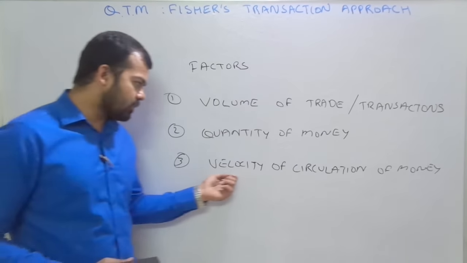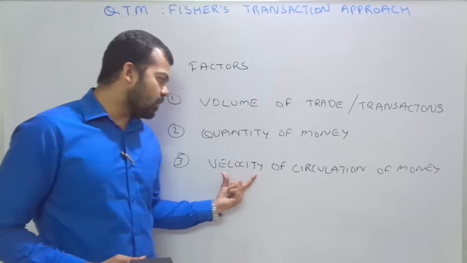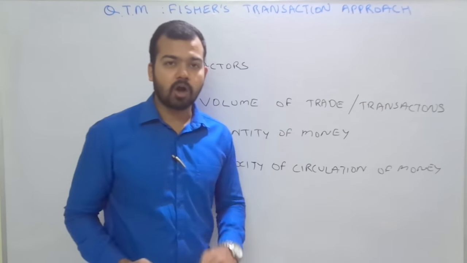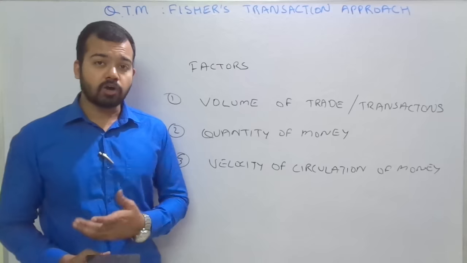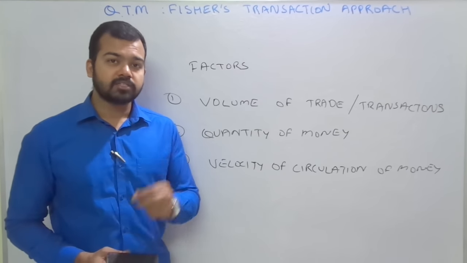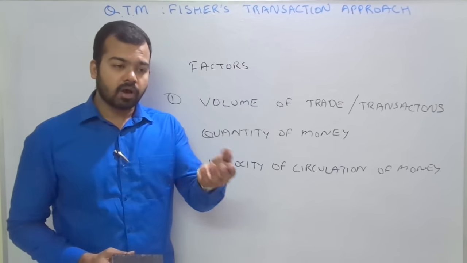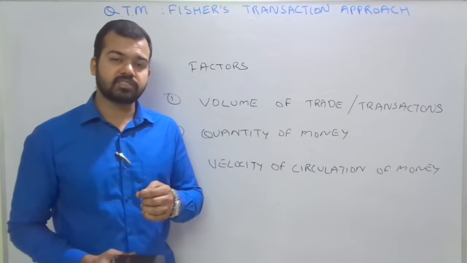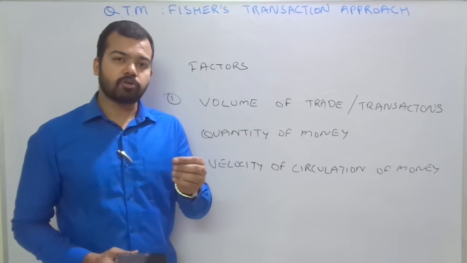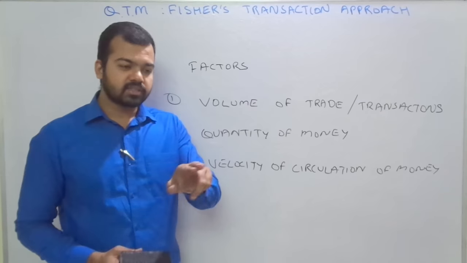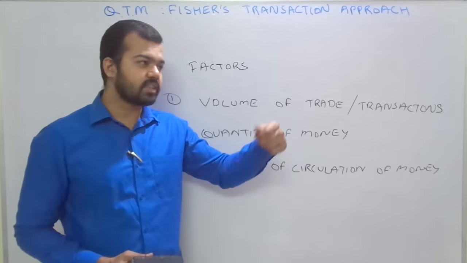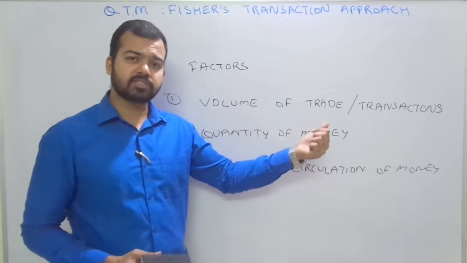The third is the most important, because velocity of circulation of money means how money travels in the economy, how money changes hands among people. Suppose I give rupee 1 to another person, meaning I am purchasing some goods and services for rupee 1. The second person will give it to a third person, and then the cycle goes on to the fourth person, fifth person.